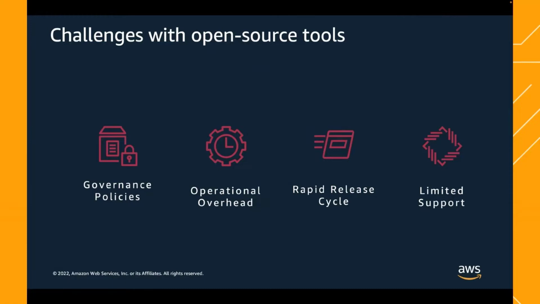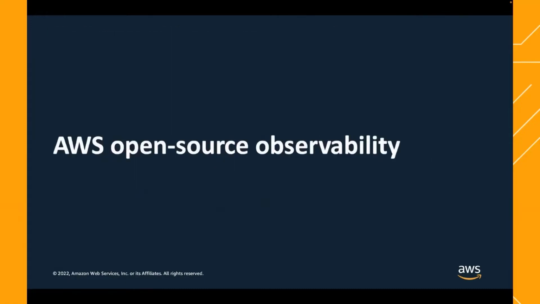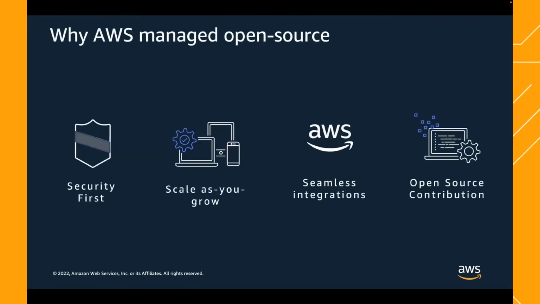So we at AWS have solved the problem. We are offering various open source observability managed services. They provide various benefits. As you probably know, we always have a security-first model. We take security as our top priority all the time.